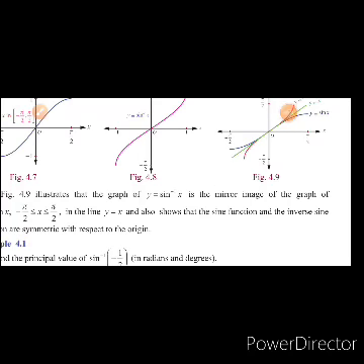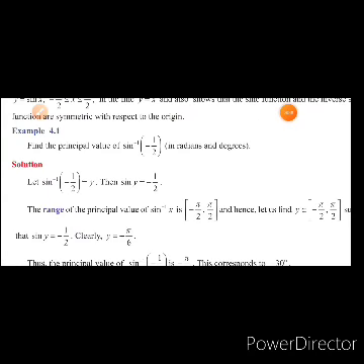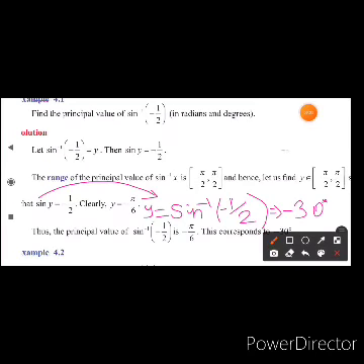Now we move to example 4.1. Find the principal value of sin inverse of minus 1 by 2 in radians and degrees. Solution. Let sin inverse of minus 1 by 2 is equal to y. Then sin y is equal to minus 1 by 2.